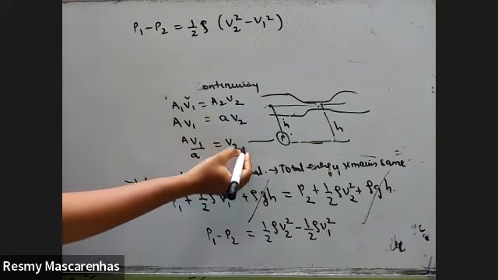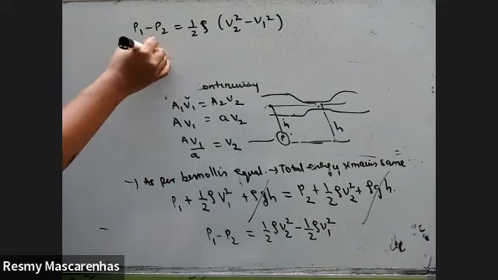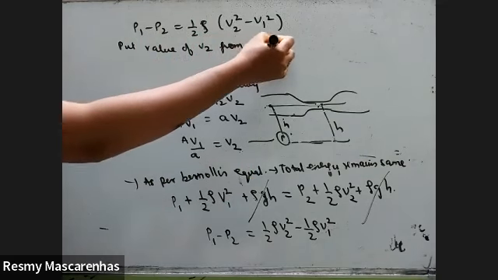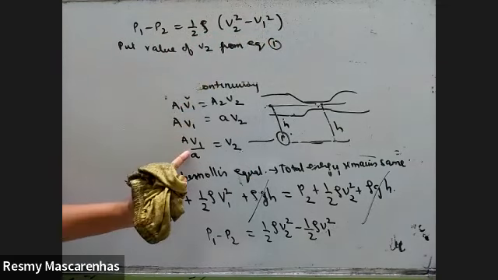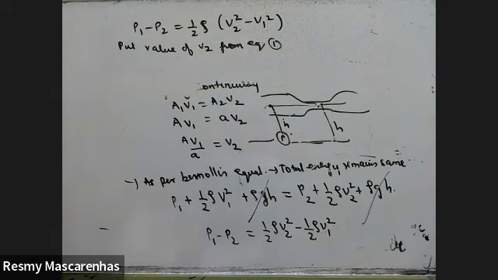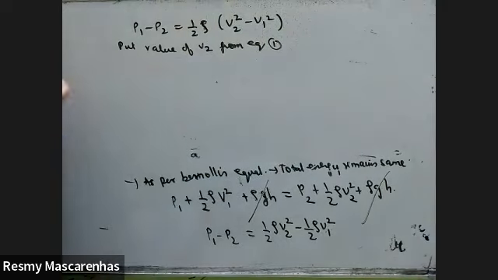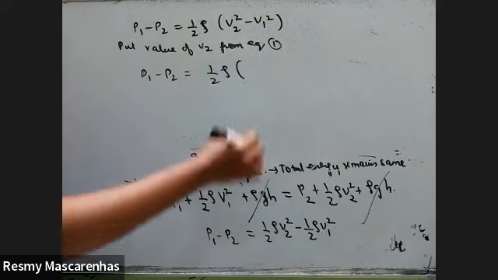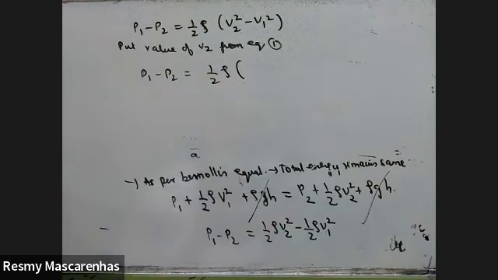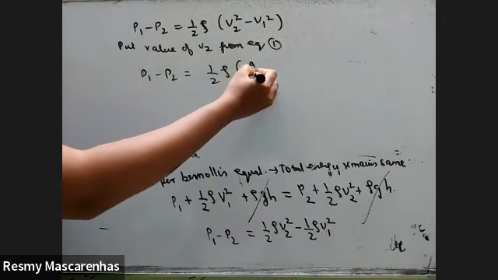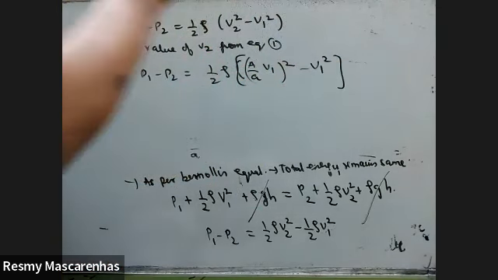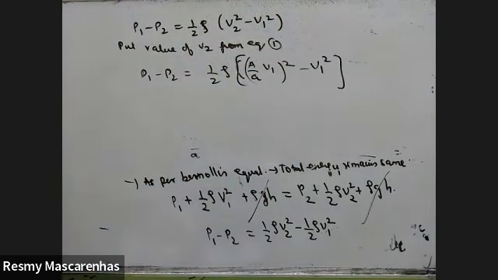Now if you see equation 1, instead of V2, put this value. So P1 minus P2 will be half rho, and I've substituted the value of V2.